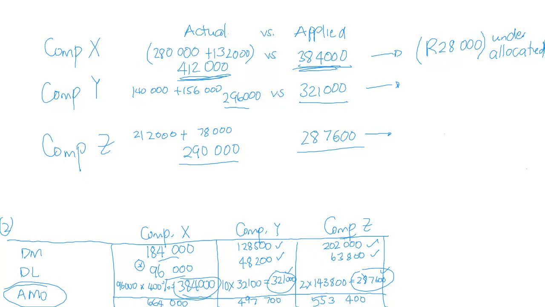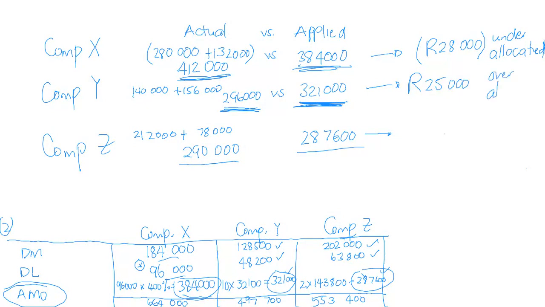Then for company Y, we allocated 321,000 to it, but it ended up being 296,000. So is that over or under allocation? Over allocation, because we allocated more to it, but it ended up being less. So the difference between the two, which is 25,000 Rand, is a positive, so you won't write it within brackets, and it is over allocated.